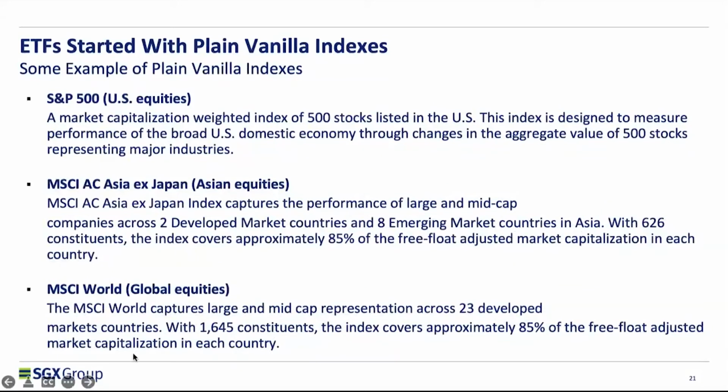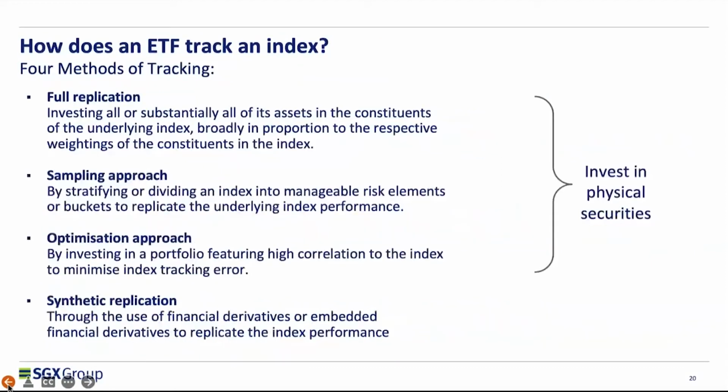We're going to look at some examples in a short while. But how an ETF tracks an index predominantly relies on these four methods of tracking. When I say tracking, it means how it follows the index.